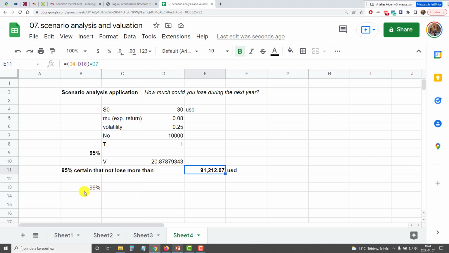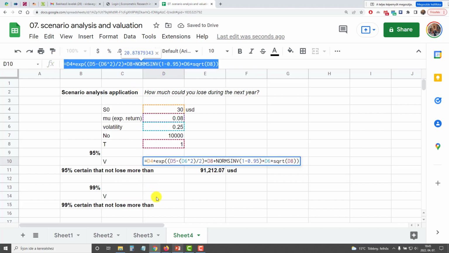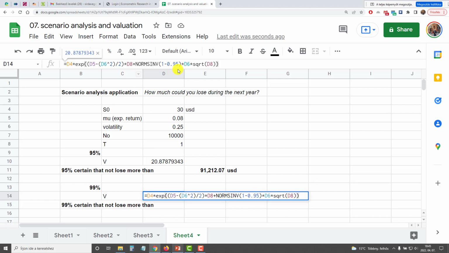But what is happening if we have a really serious crisis on the market, and now maybe we can consider that this is not enough? Then we have to focus on these stressful scenarios. So we have an alternate case here, and let's copy everything.